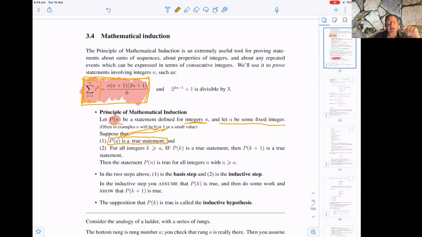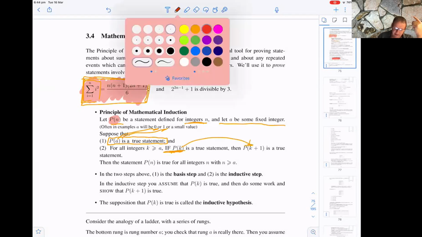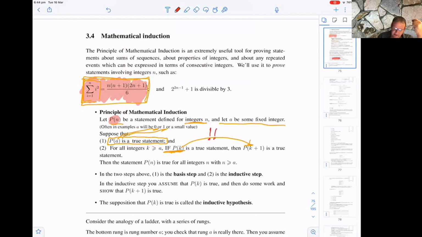Then assume that you can show, and this is where you need to work when you do mathematical induction, that if it was true for the kth integer, then it's true for the (k+1)th integer. I'm going to put exclamation marks here, because this is where you typically need to actually do something. You also need to do something in the first part, but it's often quite simple.